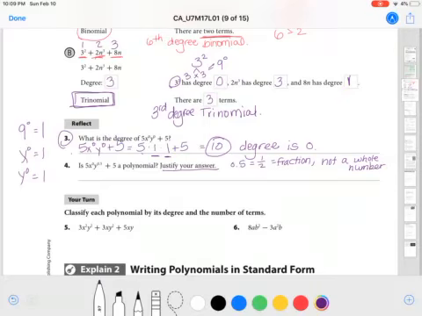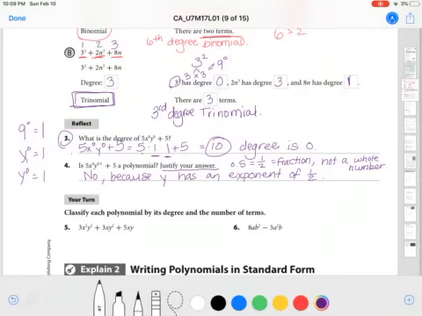So with that information, this cannot be a polynomial because y has an exponent of 1/2.